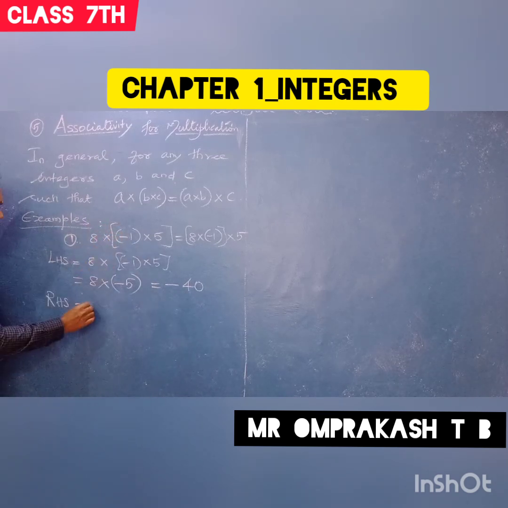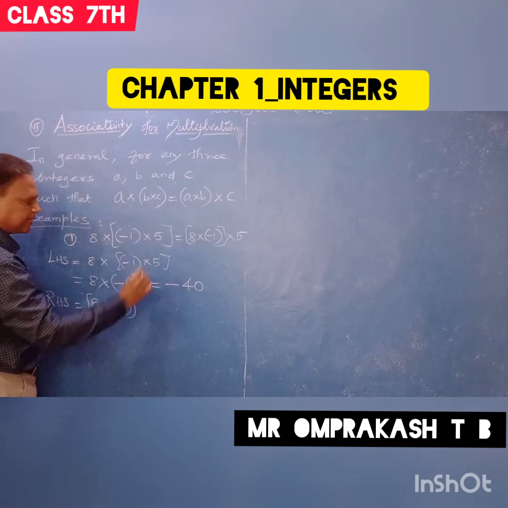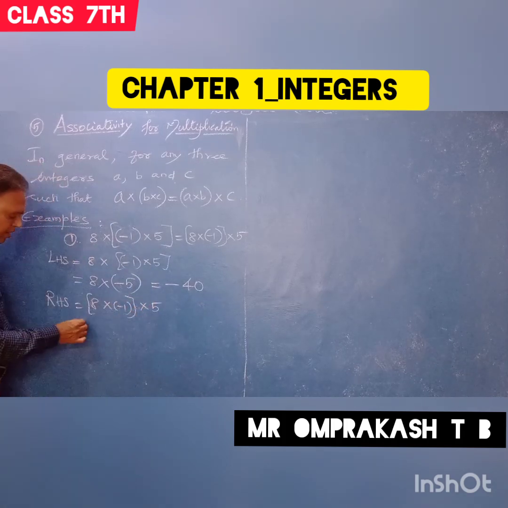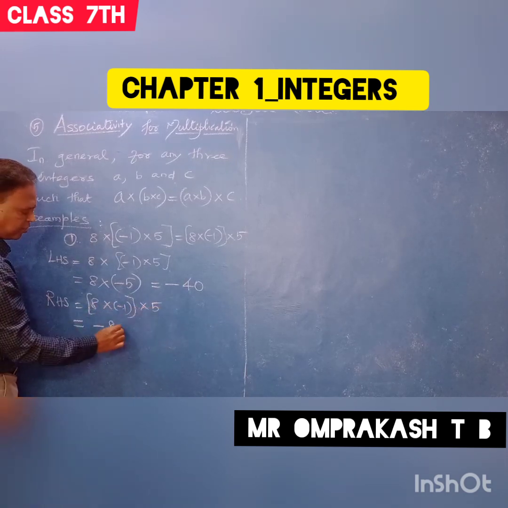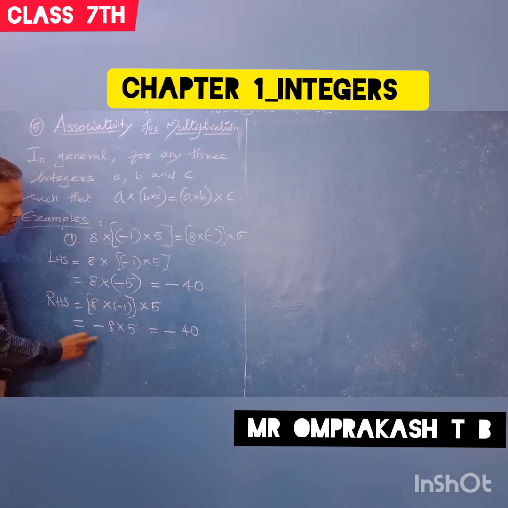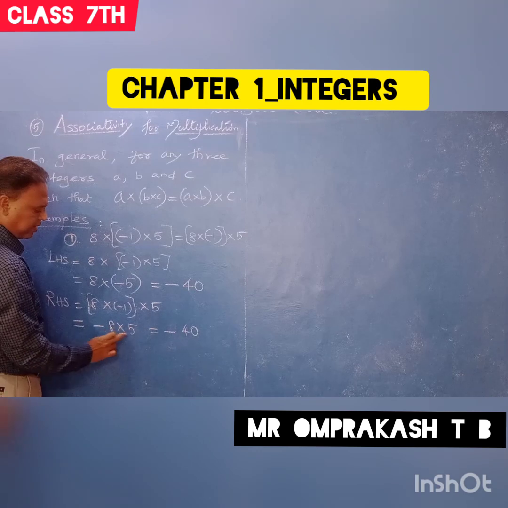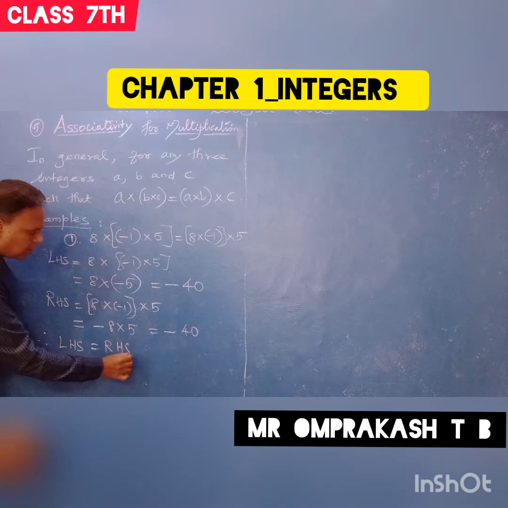Okay. Now we will simplify the right hand side also. First write it as it is. Now first simplify the bracket. 8 into minus 1 is minus 8, into 5. That is also minus 40. Therefore LHS is equal to RHS.